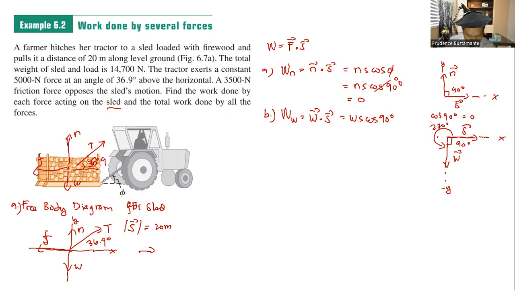As long as it's perpendicular, cosine negative 90 is 0, cosine 270 is 0. So you could also write this as weight times the displacement times cosine of 270 degrees, or cosine of negative 90 degrees, depending on where you read the angle, clockwise or counterclockwise.